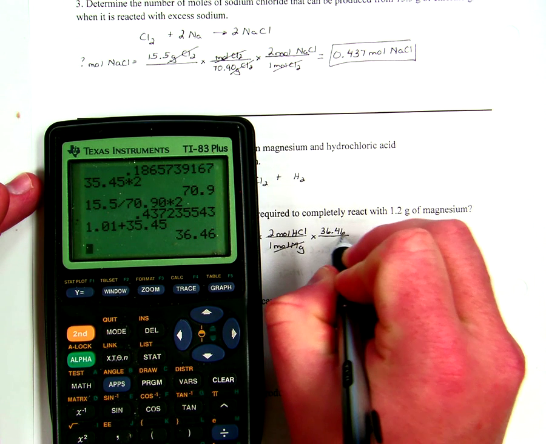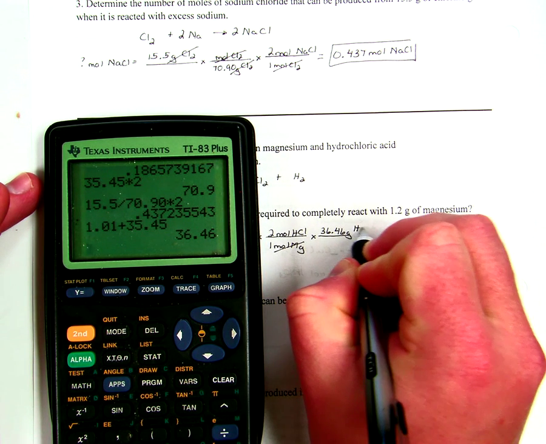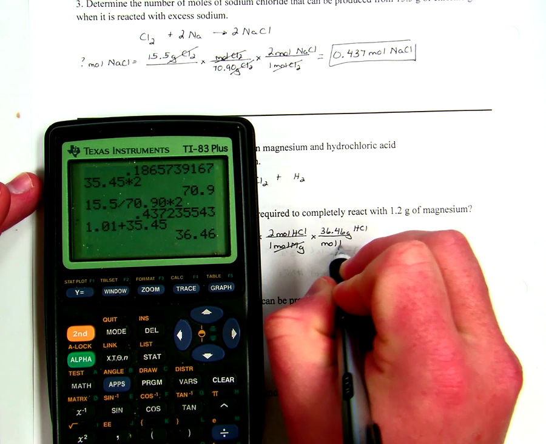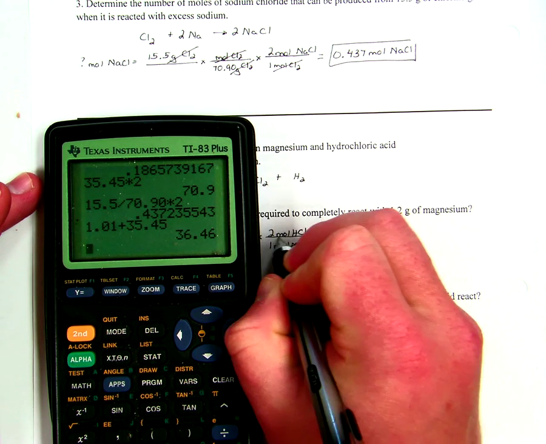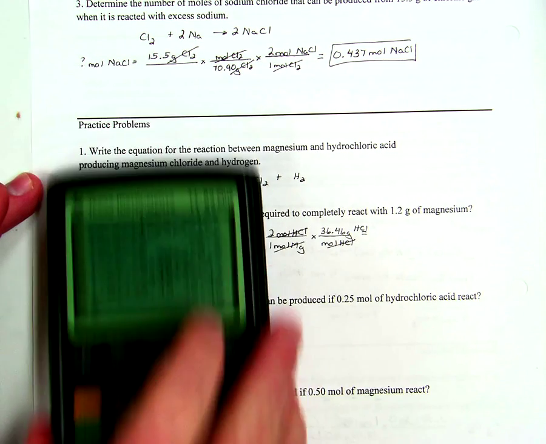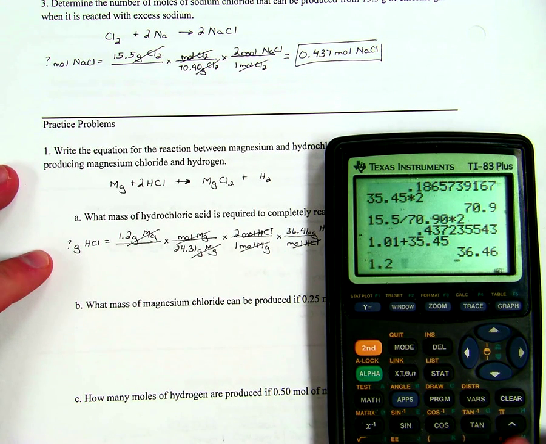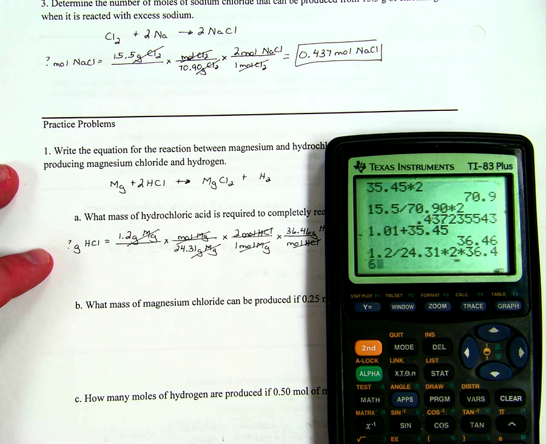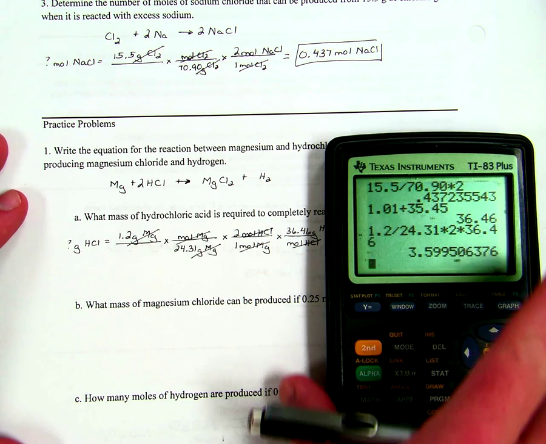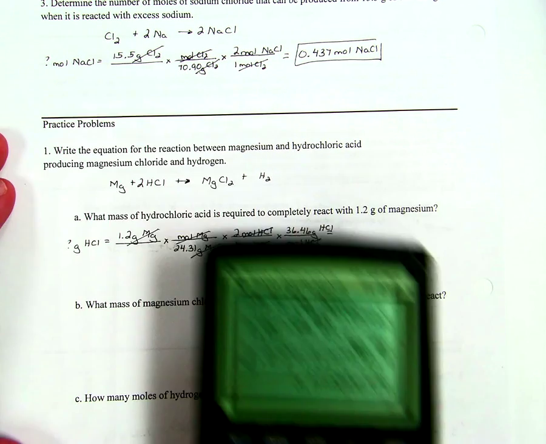Moles cancel. And we just need to find our answer now. So we have 1.2 divided by 24.31 times 2 times 36.46. And that gives us 2 sig figs, 3.6 grams HCl.